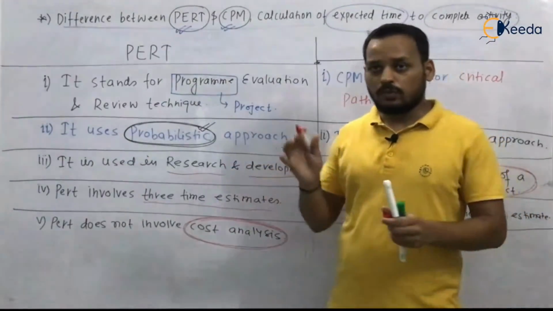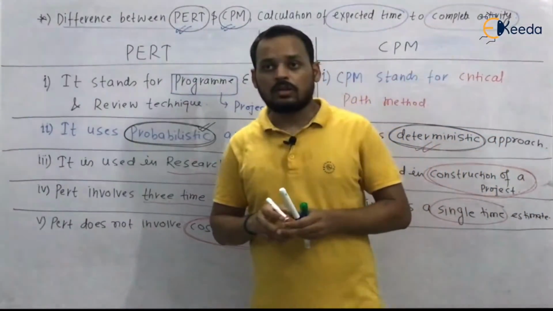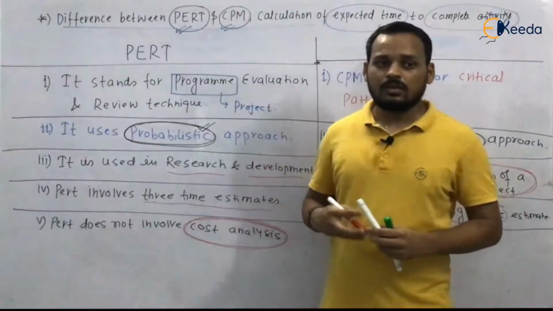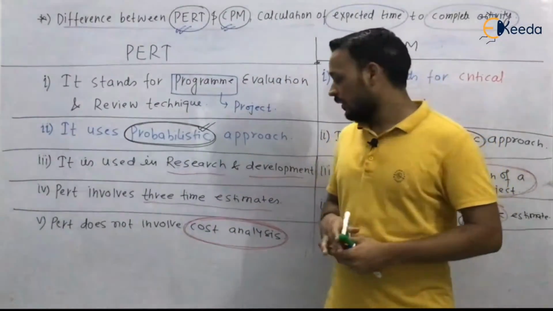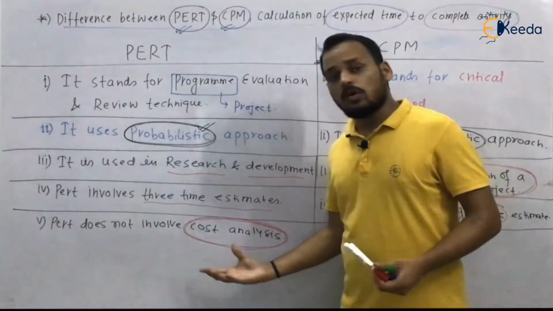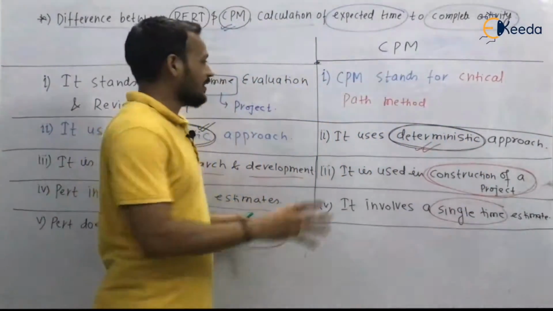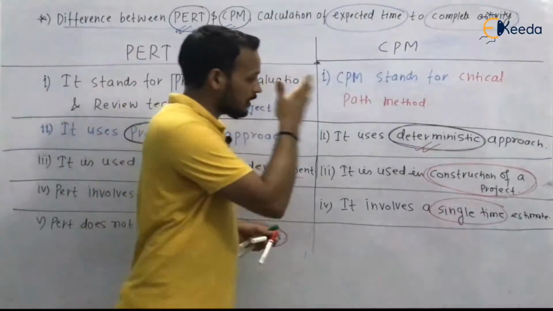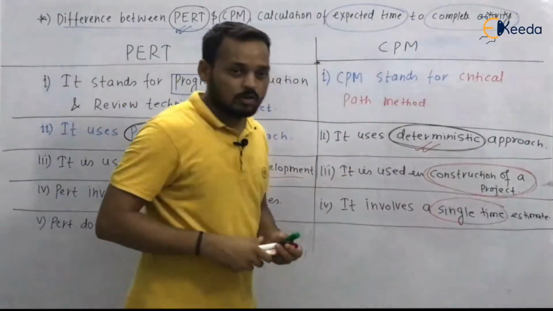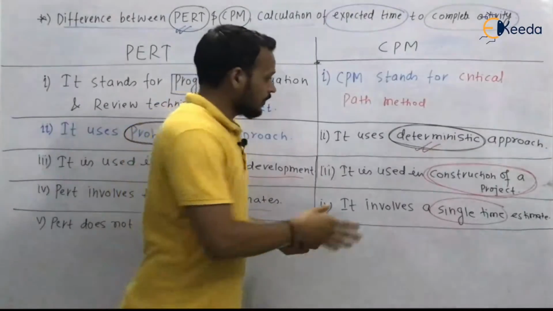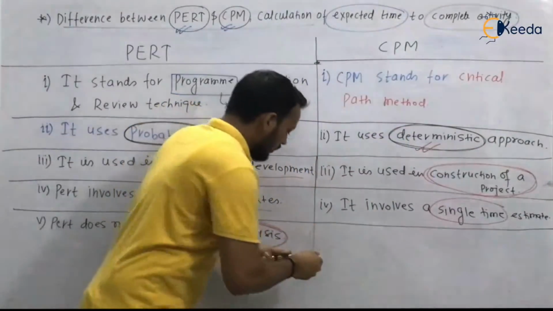If you do an experiment and you get a result, we do not do cost analysis in case of PERT. But in case of CPM, in case of construction of a project or construction of a house, we do cost analysis.